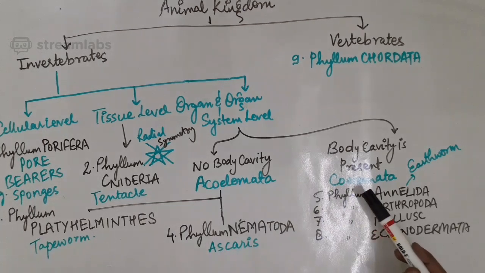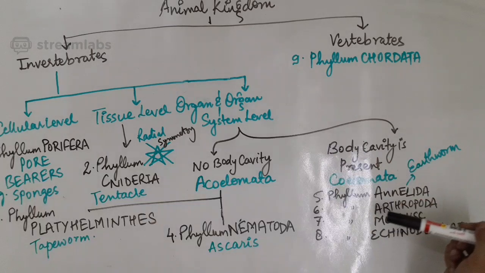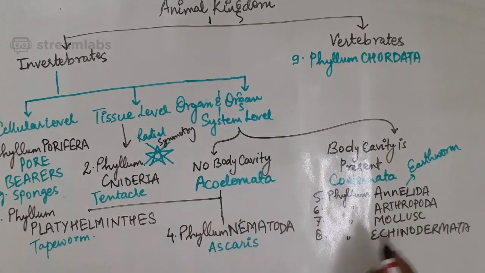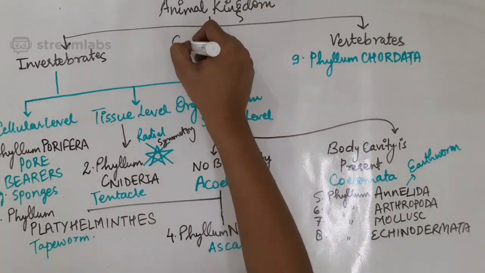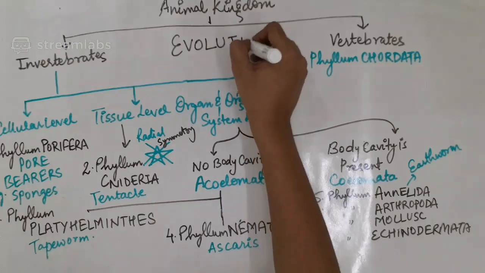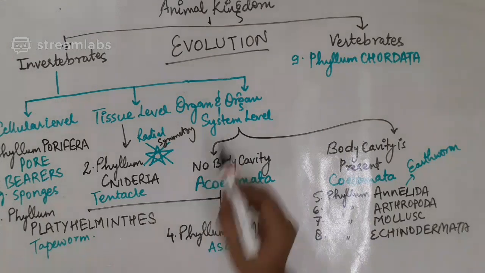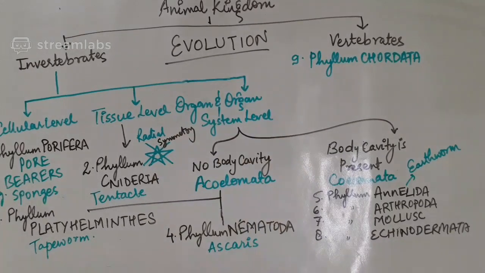Then after this, the body cavity is present, the evolution took place. These are the organisms which keep on changing or evolving. Evolution is the process of evolving from simple to complex structures.